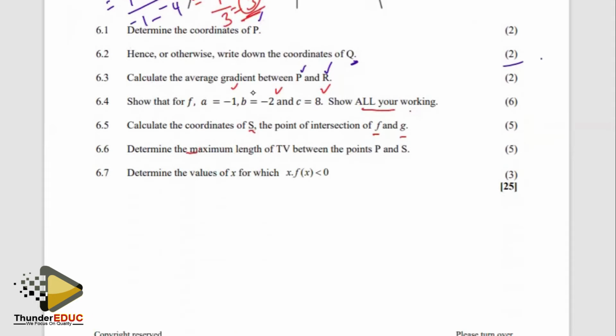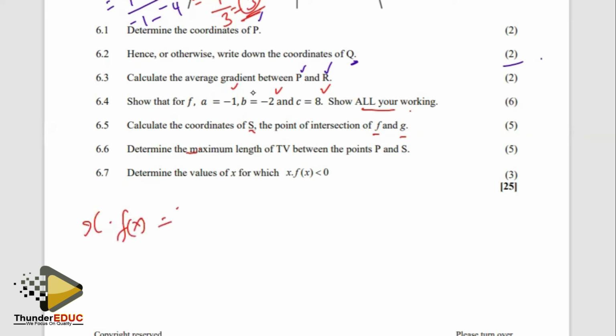Then determine the values of x for which x multiplied by f of x is less than 0. What this question is asking is that when we look at f, f is the parabola, and this x is going to represent any side on the x-axis, either on the positive or the negative.